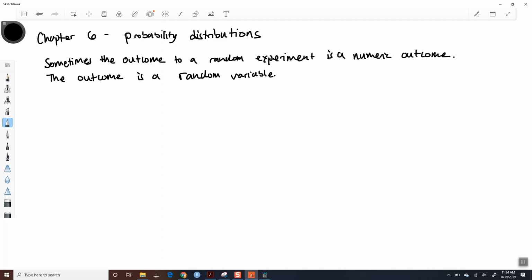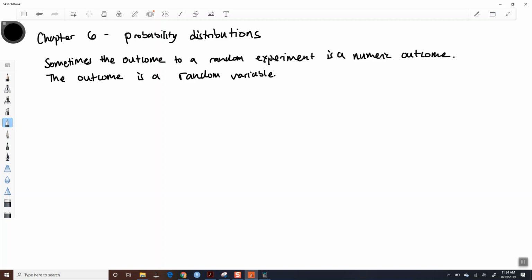Okay. However, if we said, I'm going to draw marbles out of this jar with replacement, if I draw 10 marbles, how many blue marbles do I get? Okay, how many blue marbles is a numeric outcome? Maybe I get 3 blue marbles, maybe I get 4 blue marbles or 6 blue marbles.